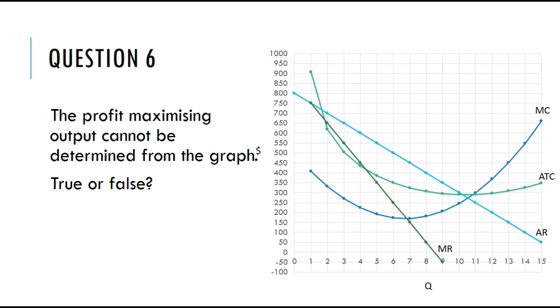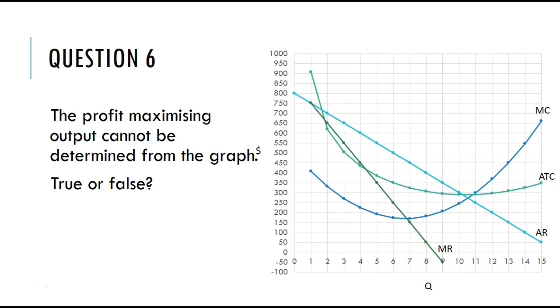Question 6. The profit maximizing output cannot be determined from the graph. Well, that's just false. We can determine the profit maximizing output from this graph. Remember, our behavioral rule for a rational firm is that it will keep increasing output wherever the marginal revenue is greater than the marginal cost.